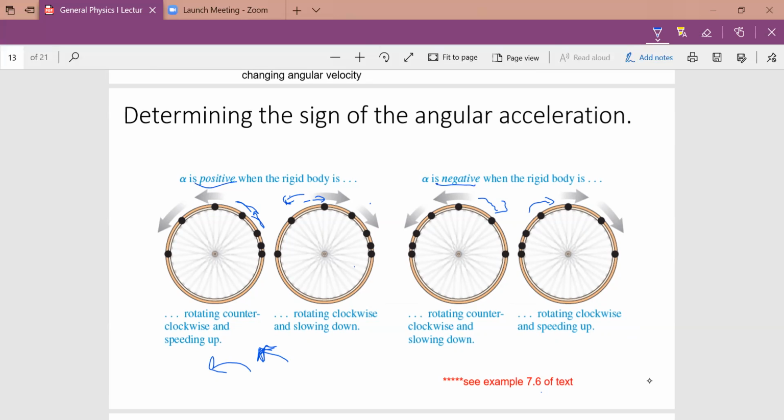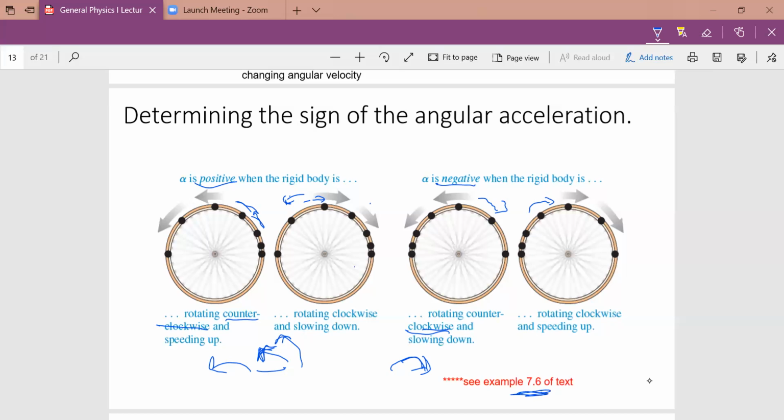So that is what you should note. When acceleration is going, sorry, I messed it up. When acceleration is going counterclockwise, it is positive. When it's going in a clockwise motion, it is negative. Okay? Counterclockwise gives us positive angular acceleration. Clockwise motion gives us negative angular acceleration.